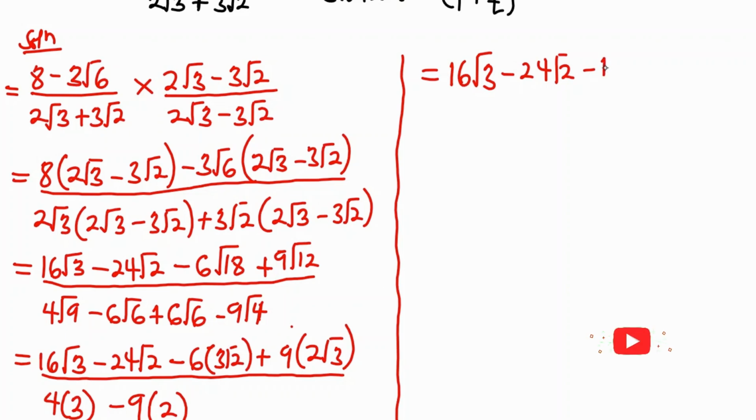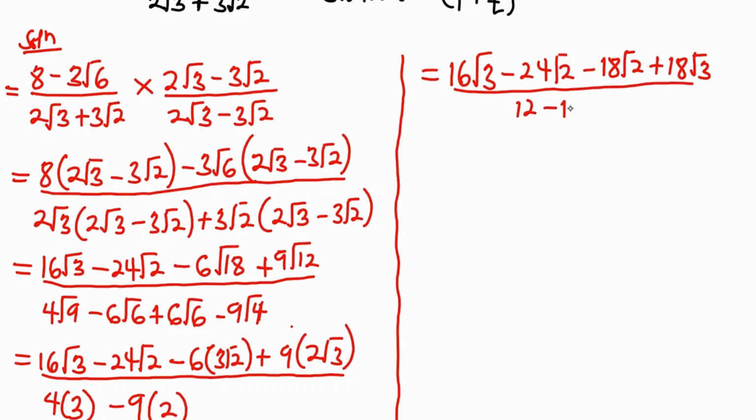So we have 18 root 2, and then 9 times 2 gives us 18. So we have 18 root 3, all divided by 4 times 3 gives us 12, and then 9 times 2 gives us 18.